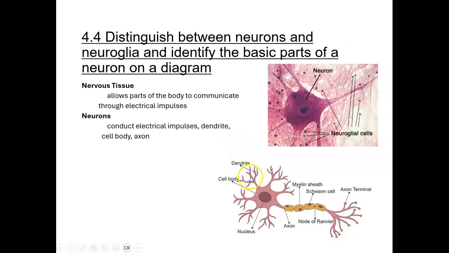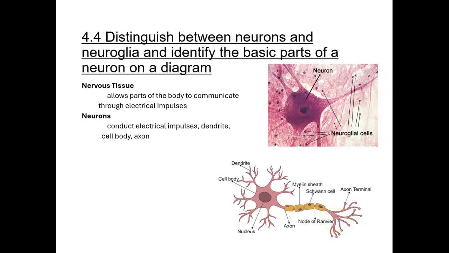They're stimulated, and then the neuron converts that sensory information into an electrical current, and that electrical current carries down the axon. So the dendrites receive stimulus, and the axon carries an impulse away from the cell body to another cell.